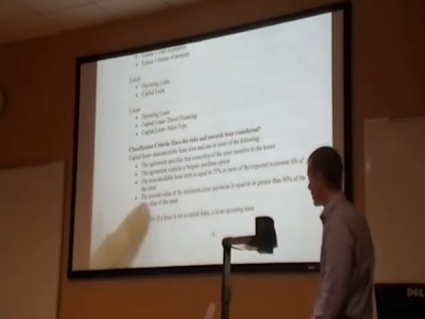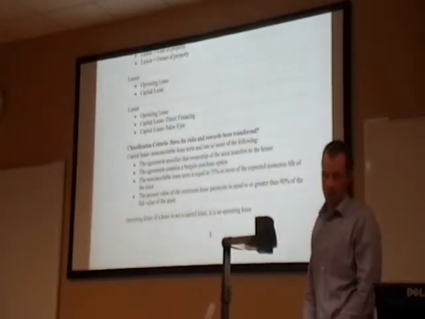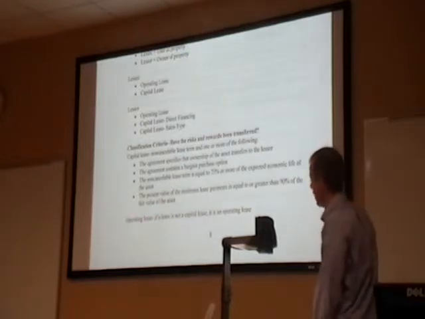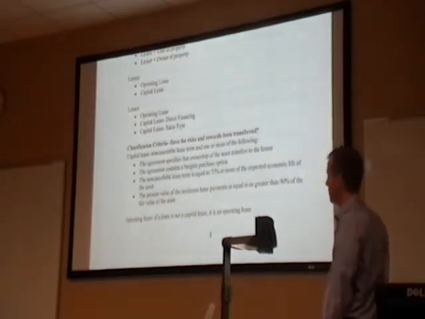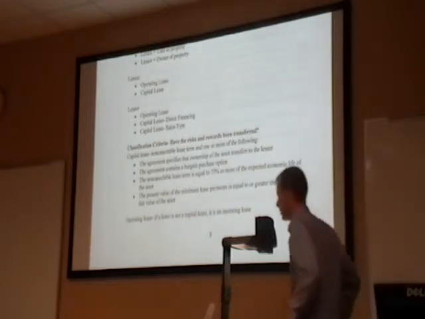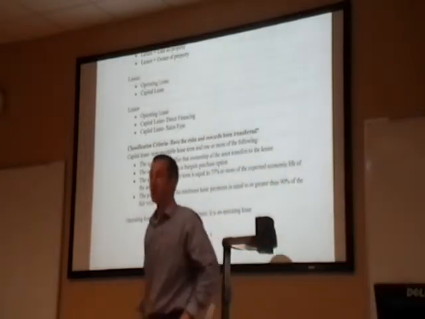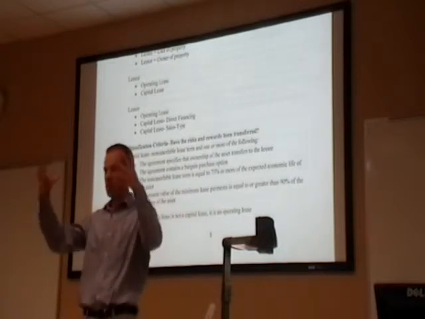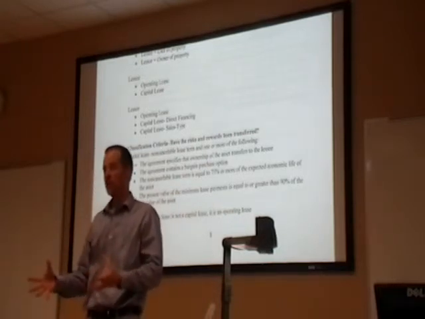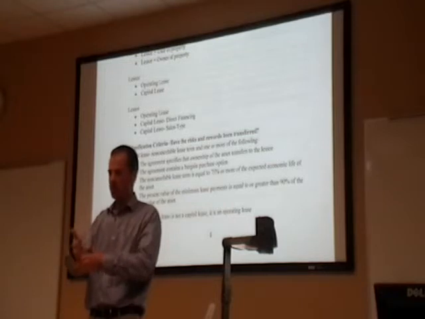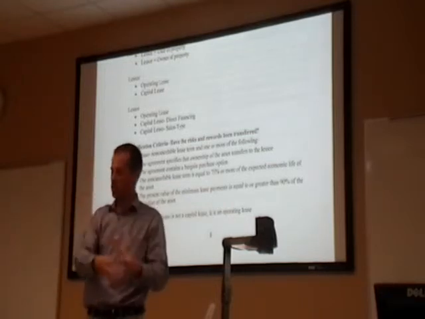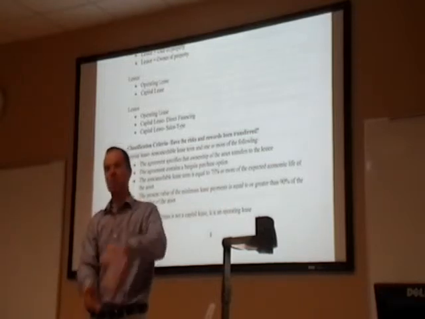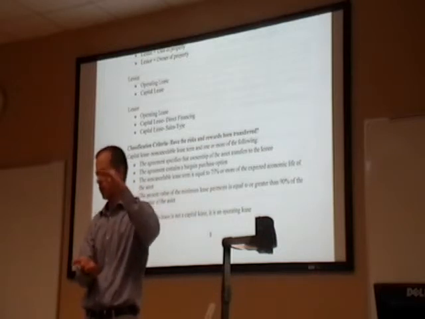And then the last one, and this is usually the hardest one to make sure is true: the present value of the minimum lease payments is equal to or greater than 90% of the fair value of the asset. So let's say we have this asset that's worth $1 million. If you take all of the lease payments, present value them back to today, and add them up, that must be less than $900,000.